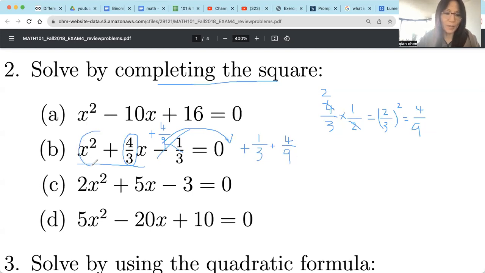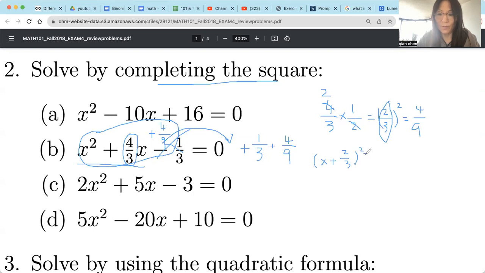Now we have made the left-hand side a perfect square. The square is (x plus 2/3), that's the number we figured out, 2/3, which is dividing the number before x by 2.